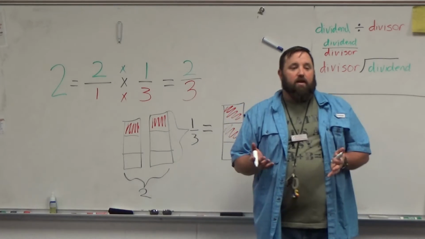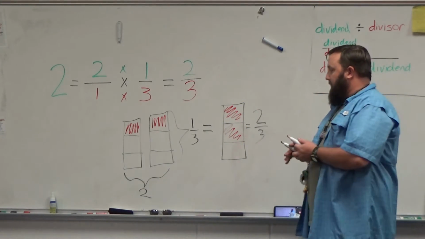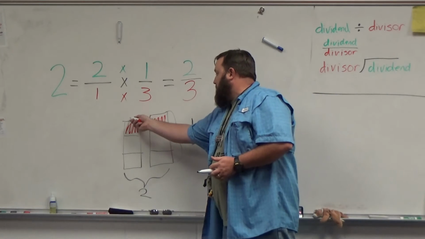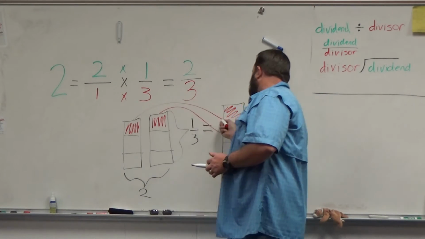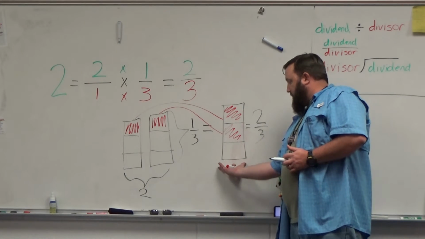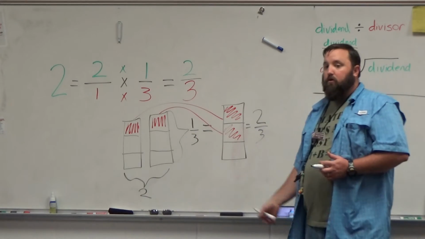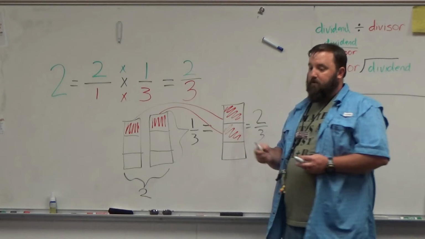Now, I know some of you today looked at me like I had a third eyeball when I covered this in class. Don't worry about it. But what we're actually doing here, guys, is figuring out how many thirds there are. That's an easier method if you don't have to do the multiplication across.